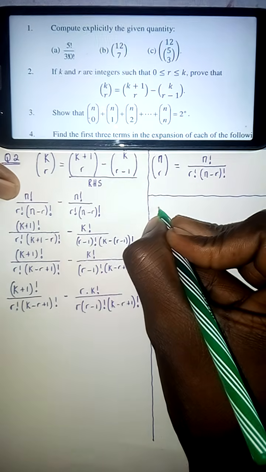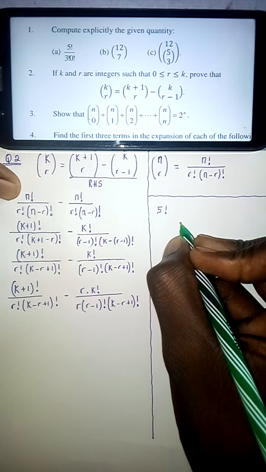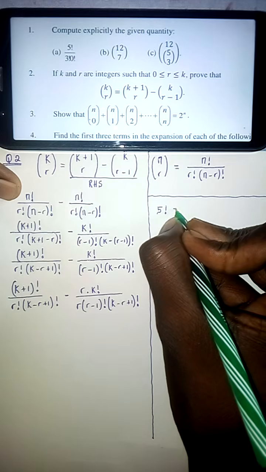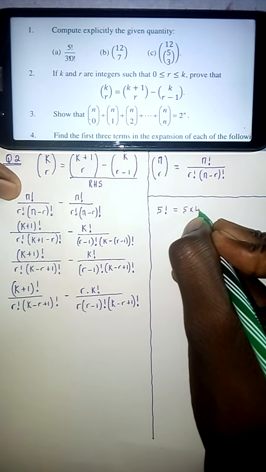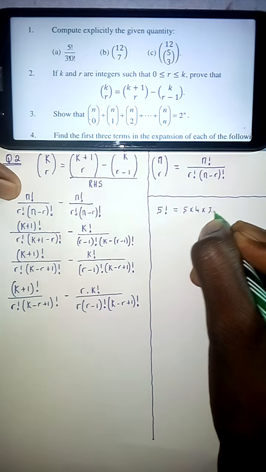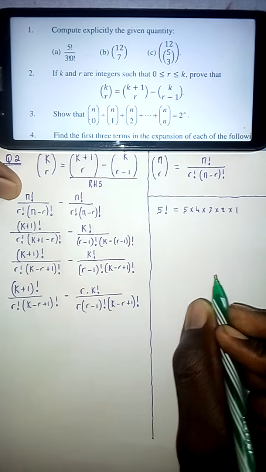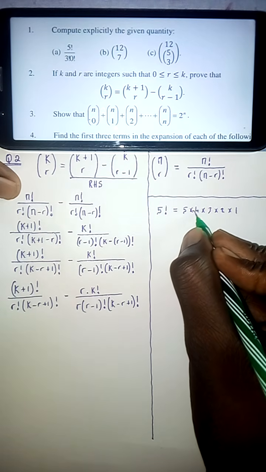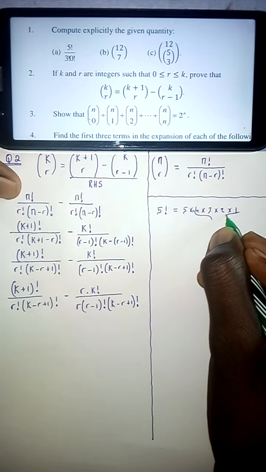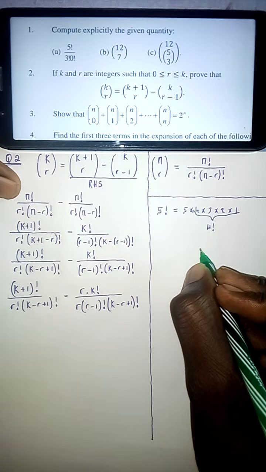So now, when we have 5 factorial, this 5 factorial, guys, can be written as what? This can be written as 5 multiplied by 4 multiplied by 3 multiplied by 2 multiplied by 1. But we know that this part is the same as 4 factorial.